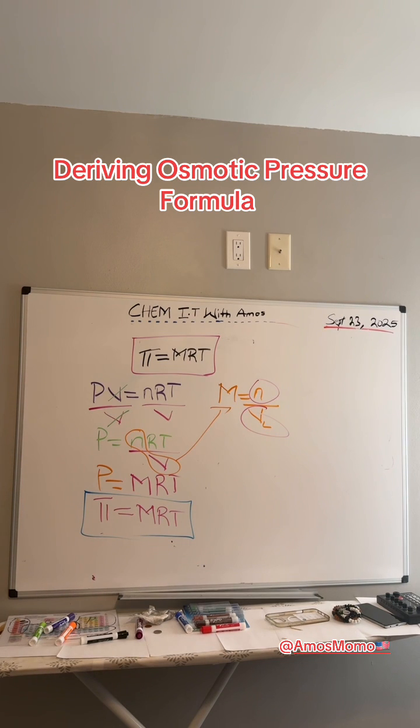So let's say we want to extend this formula in different aspects. We now have pi is equal to MRT. And if you look here, let's get something clear: this is our actual formula that we have solved for. It was what we were looking for.